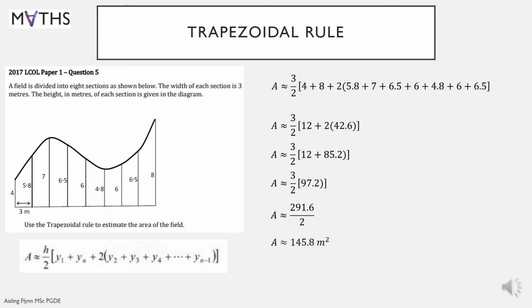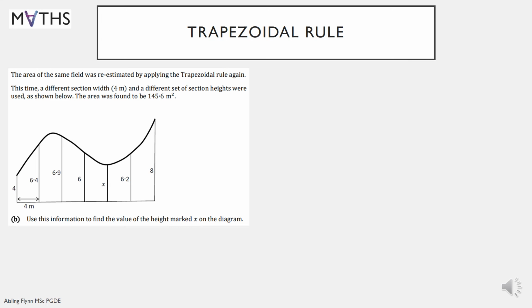That's my estimate. The other way you might be asked using the trapezoidal rule is you might be given an area and asked to work backwards and find one of the individual heights or bases, or indeed the height h. This is just a substitution exercise, and then move things around.